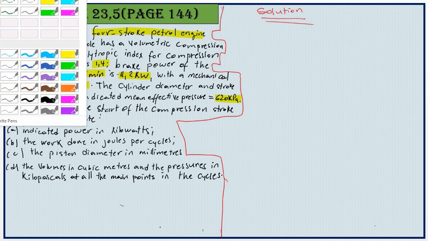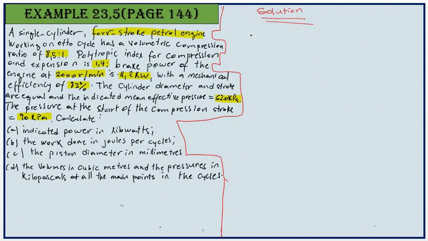Okay, first we're going to need to draw the PV diagram of the problem. On the y-axis we have the pressure in kilopascal and the volume on the x-axis. Because we have an Otto cycle, we have the first point that marks the beginning of the compression process.